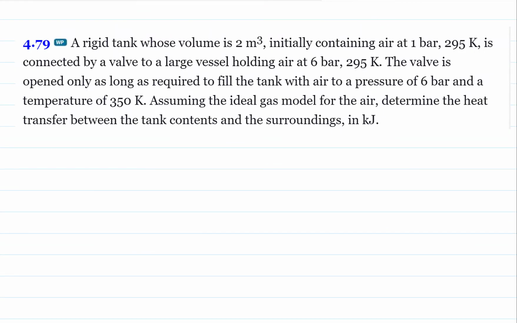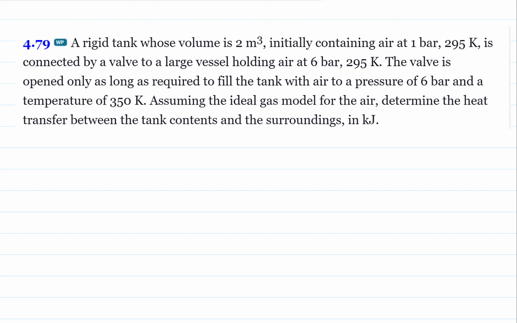Let's see another example. A rigid tank whose volume is 2 meter cubed. Rigid tank means the volume doesn't change. Initially containing air at 1 bar, 295 Kelvin, it is connected via a valve to a large vessel holding air at 6 bar and 295 Kelvin.